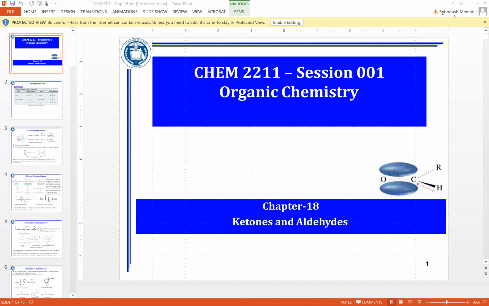One is ketones and the other is aldehydes, or aldehydes and ketones. We again need to know how to name these compounds, what some of their physical properties are, and how to prepare them. We have learned some preparation methods already, and we will learn more and review the ones we had learned before.